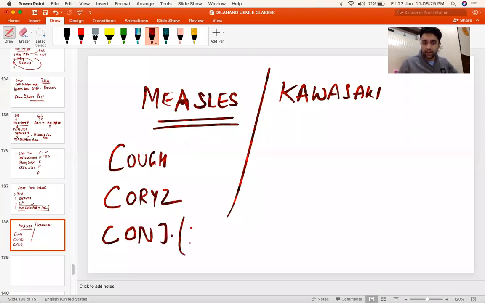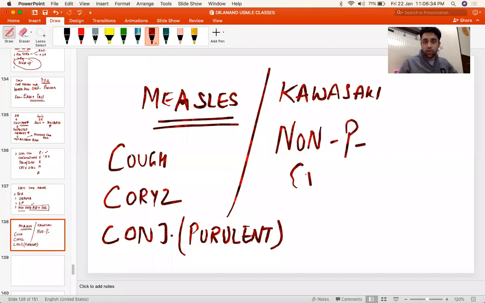But the conjunctivitis in measles is purulent, with sticky discharge, whereas Kawasaki will have non-purulent conjunctivitis.